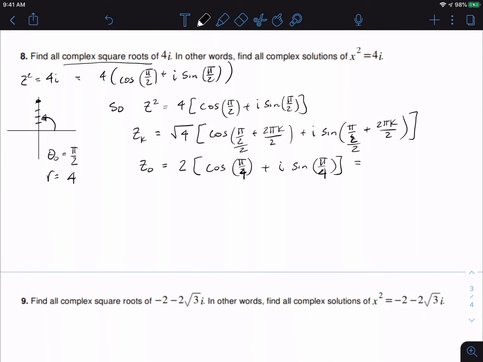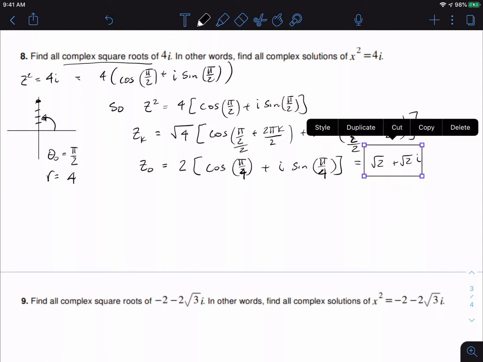So then that's going to give me radical 2 plus radical 2i. Are we okay with that?